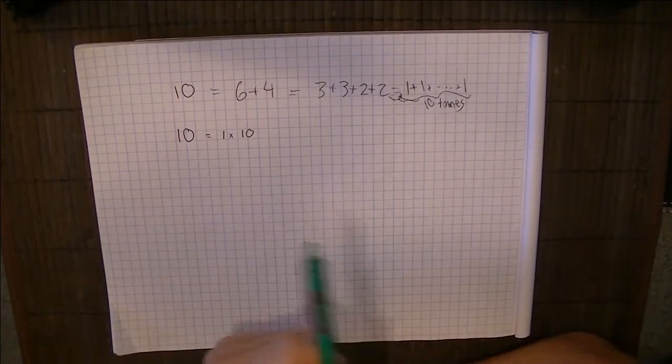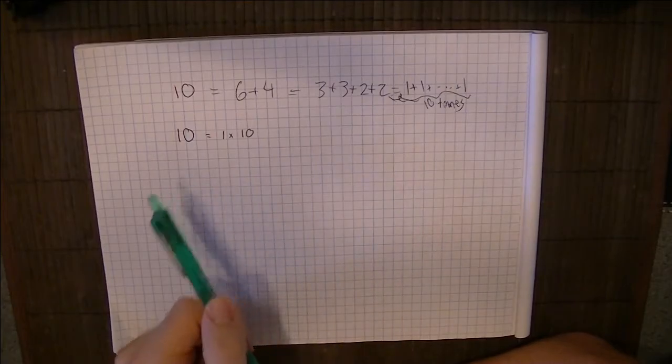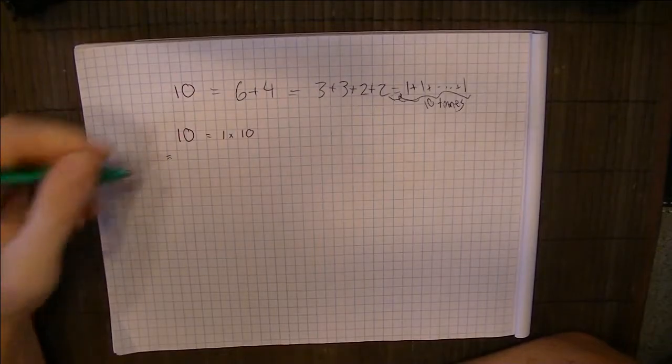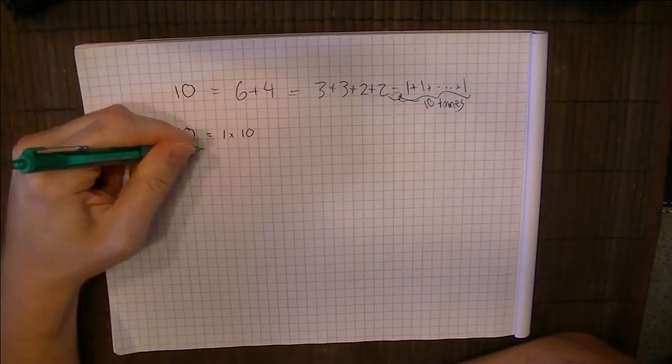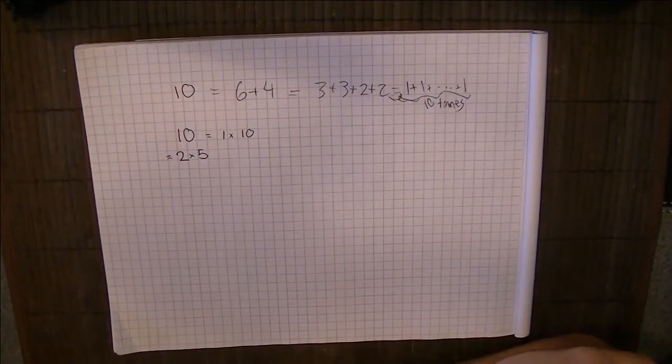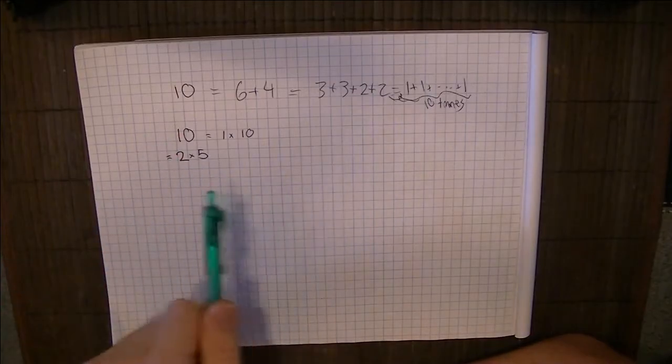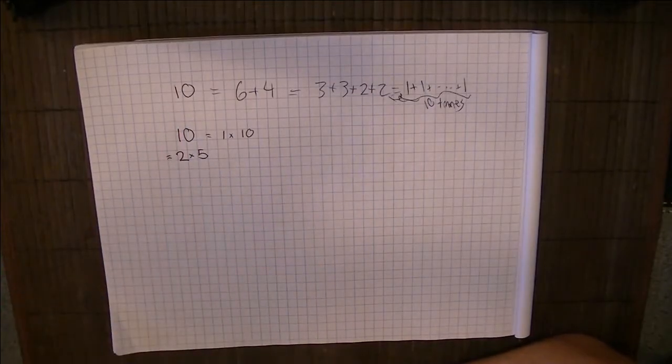For any number that you pick, 1 will be a factor of it, and the number itself will be a factor. So instead, let's look at another option, which in this case would be 2 times 5. Okay, so this is a new way of looking at it, right? We have 2 times 5 equals 10, that's true. So 2 is a factor of 10, and 5 is a factor of 10.